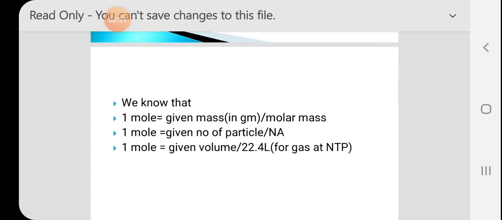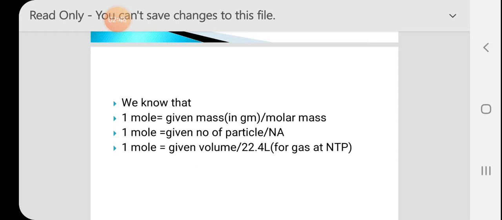1 mole is equal to given mass upon molar mass. So the number of moles can be calculated by the formula given mass in grams upon the molar mass, which is also in gram.